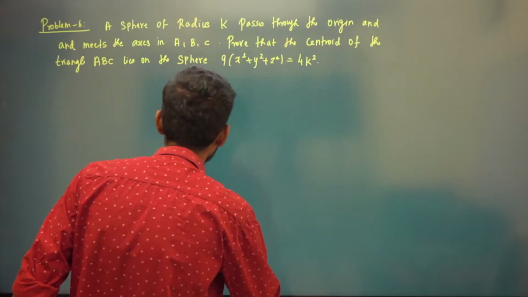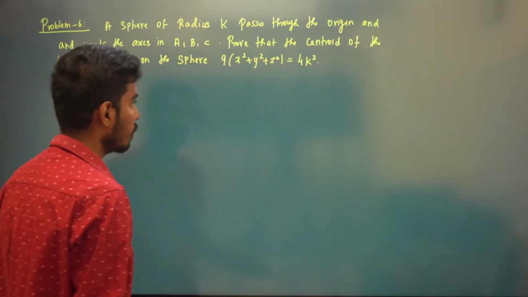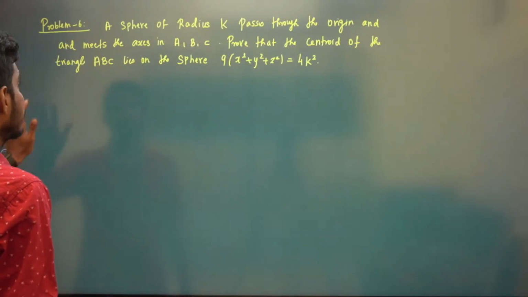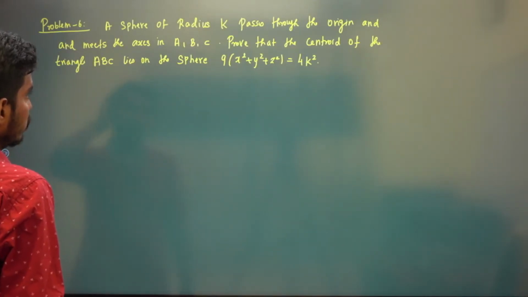Okay, so we have a sphere of radius k that passes through the origin and meets the axes in A, B, C respectively.